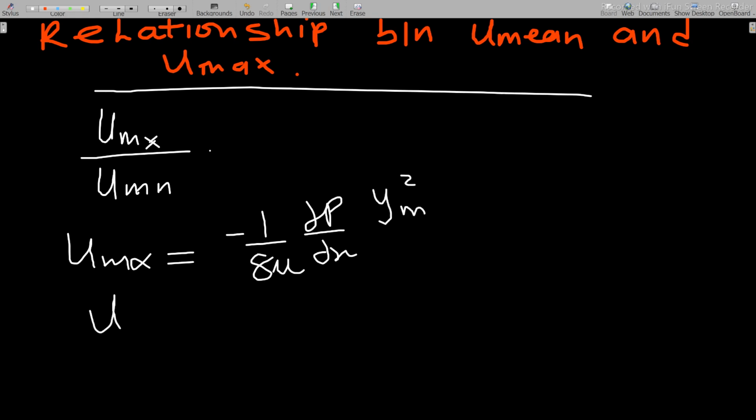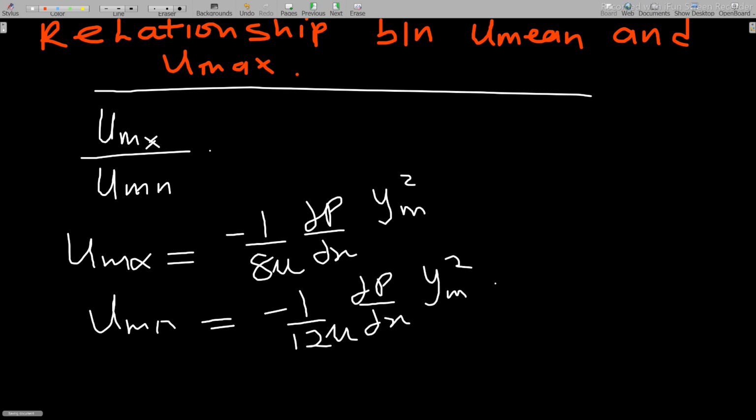And our u mean, which we just derived, is equal to negative 1 over 12 mu del p del x ym squared. So if I divide the two of them, you can see there is a mu here and a mu here. Let me write it so that you understand what I'm trying to say. I have u max over u mean.